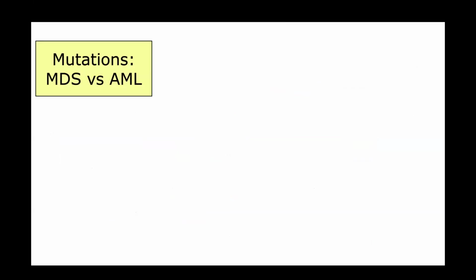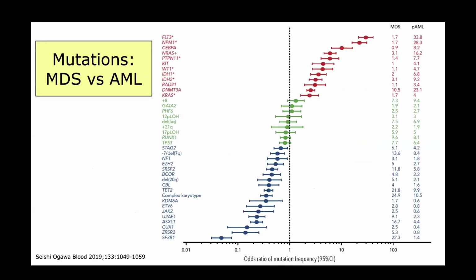I did highlight and mention that many of the same groups of genes are mutated in AML. But if you look at this nice summary of the mutations that are found in AML as opposed to MDS from a paper from Seishi Ogawa from 5 years ago, at the top in red are the abnormalities or the genes that tend to be mutated in acute myeloid leukemia.